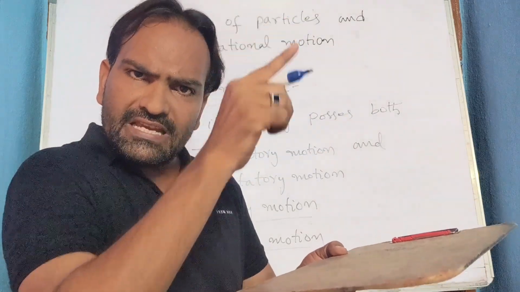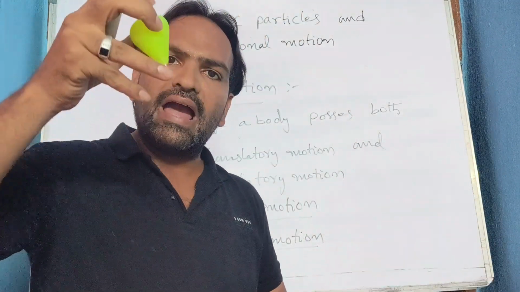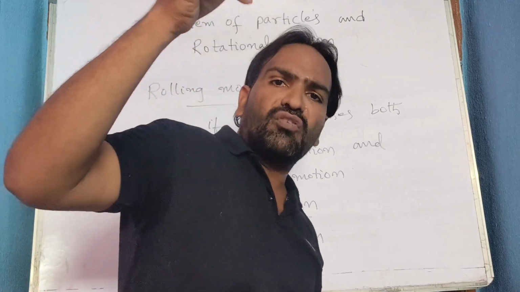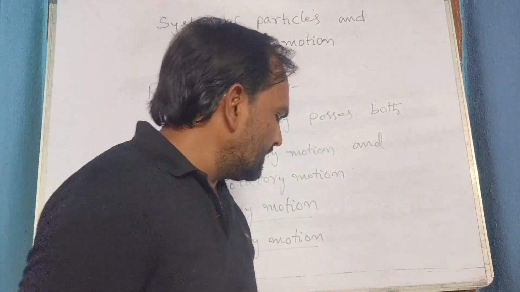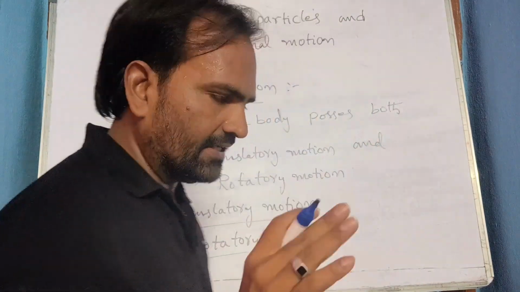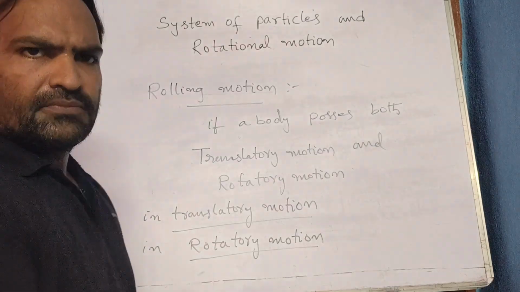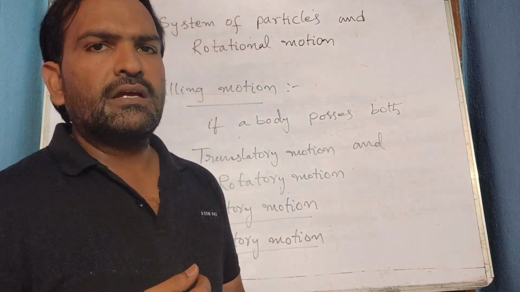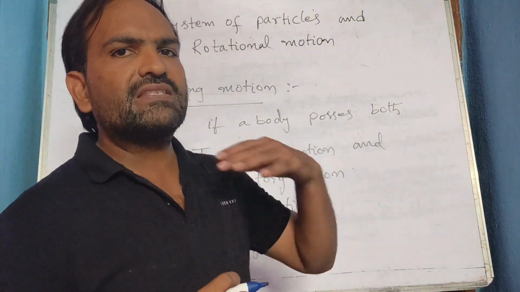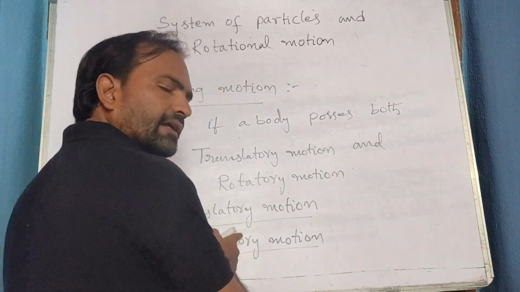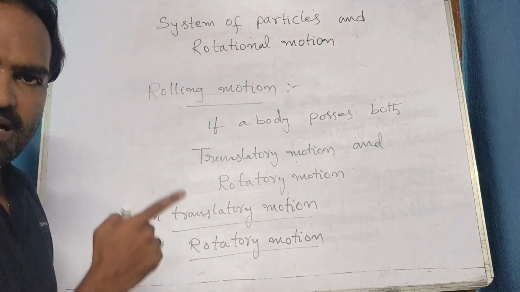What is that line called? Axis of rotation. In rotatory motion, angular displacement and angular velocity are the same for all particles.